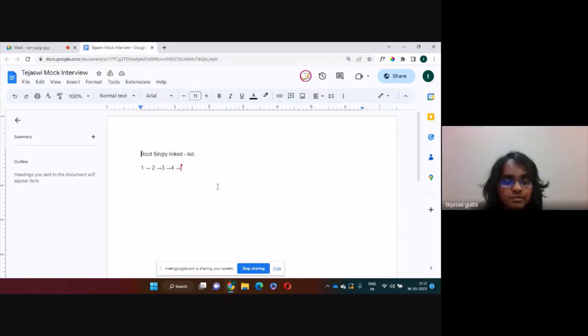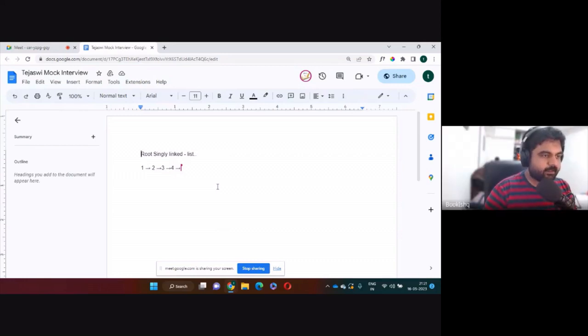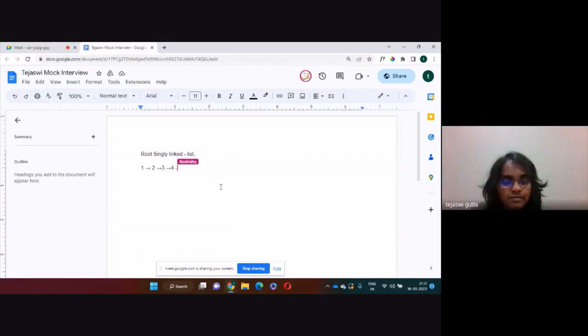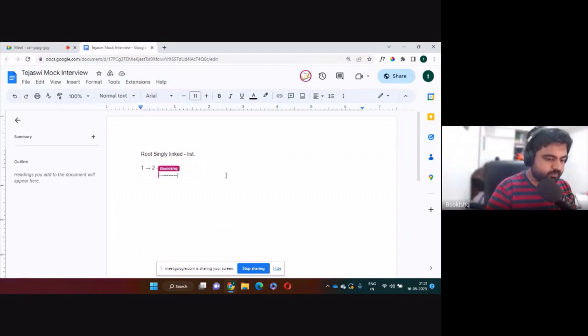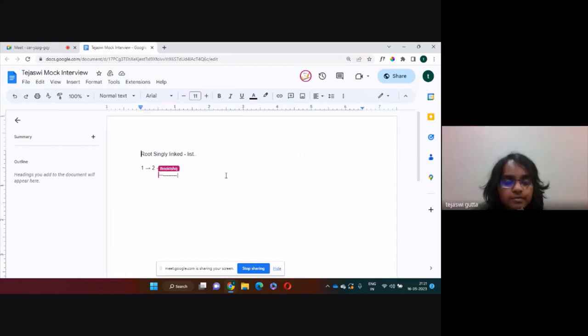Suppose this 4 points back to, let's say, value number 2, or it points back to value number 3.